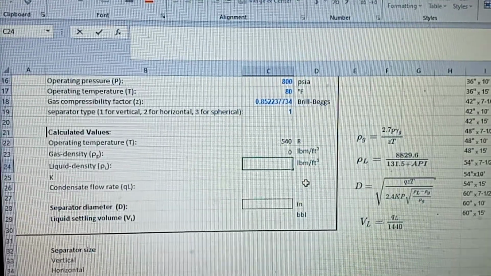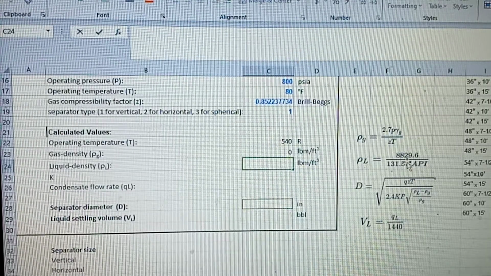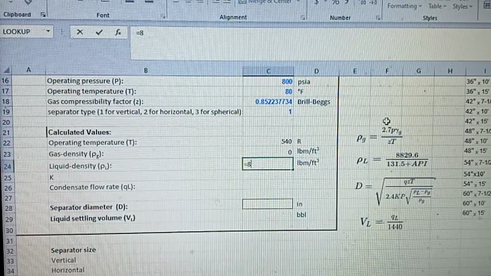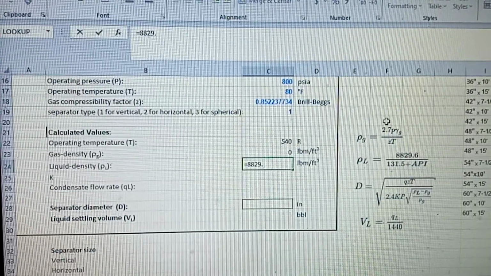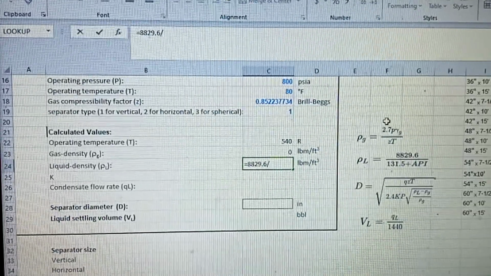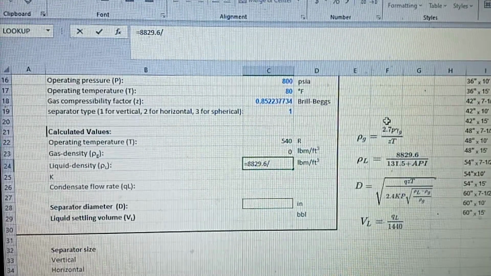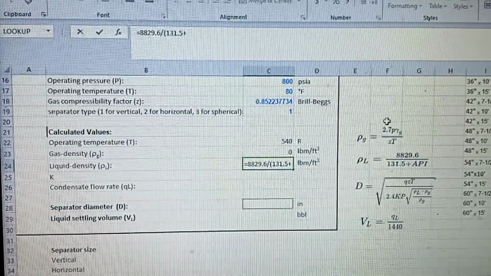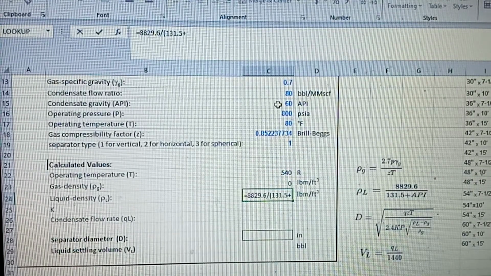Okay, so for the density of the liquid, you have equals 8829.6 divided by 131.5 plus API, so I have to put it in brackets. 131.5 plus, then I click on the API gravity, which is 60 here, C15.